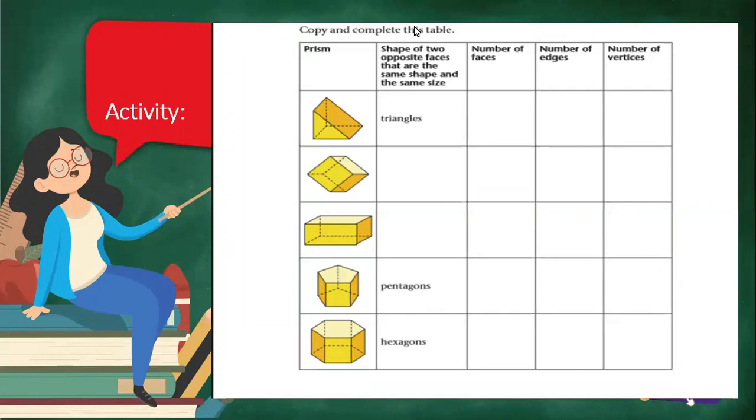Or you can raise your hand to give an answer. If you are going to give an answer just like I did, you are first going to tell us the two opposite faces, the number of faces, the number of edges, and the number of vertices. Okay, I see there's one on the chat box.